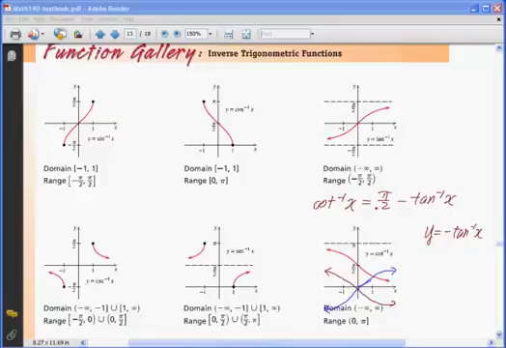And this holds for any real number x. So this is a very important relationship between the inverse cotangent and the inverse tangent.